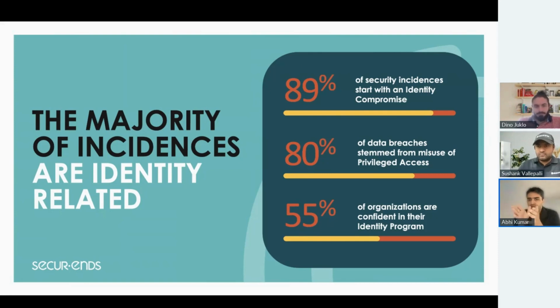Just imagine, of these 89%, how many of these identities are actually over-provisioned, or are orphaned accounts, or are stale users? Moving on, 80% of the data breaches stem from privileged access. Everybody needs to have a PAM solution. Goes without saying.